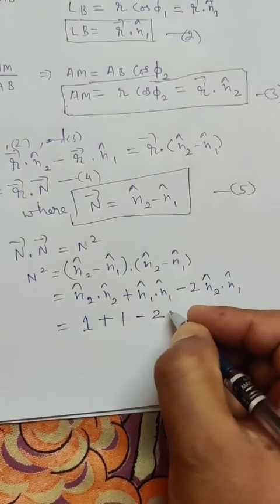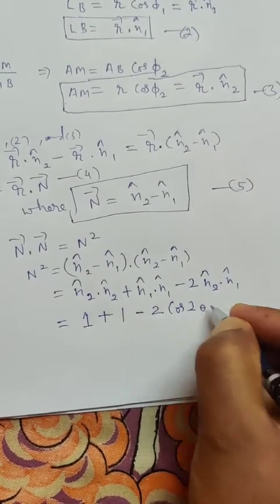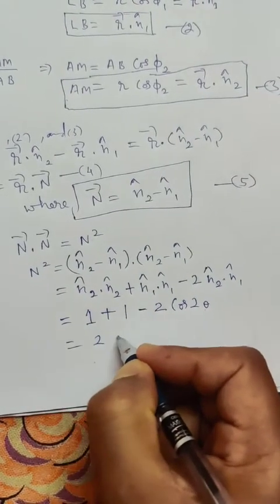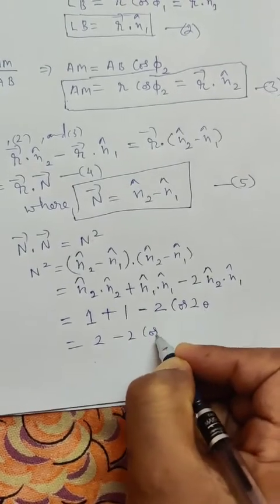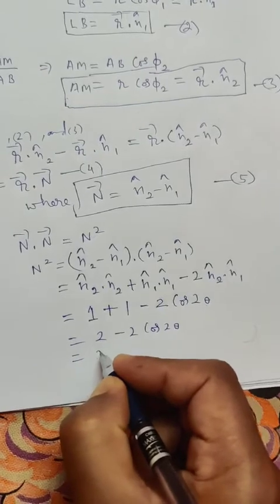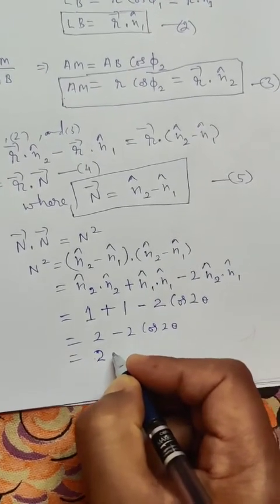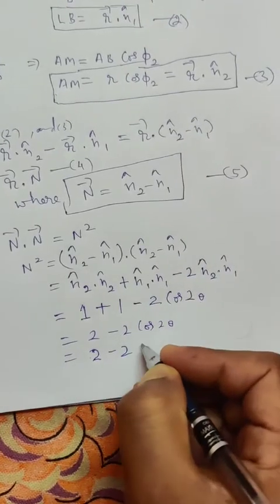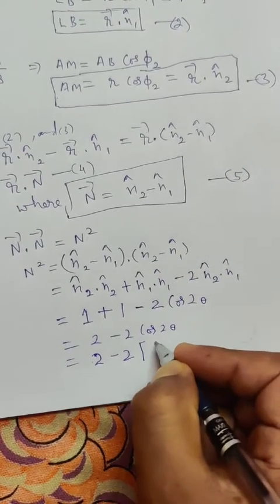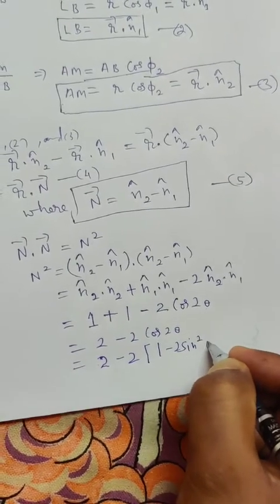Therefore this will be 2 cos 2 theta, so N square is 2 minus 2 cos 2 theta. Now if I put the value of cos 2 theta, the formula for this is 1 minus 2 sine square theta.